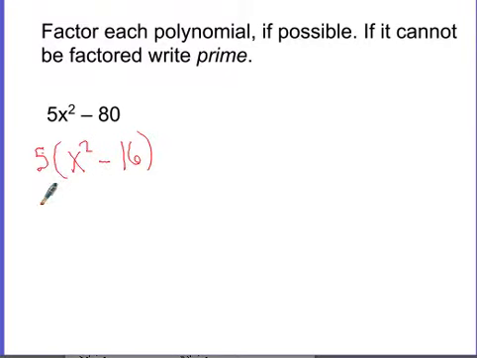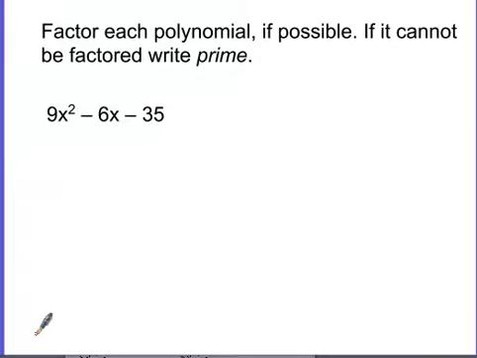So we can factor this to be x plus and x minus what? 4. x plus 4 and x minus 4. So if we factored it, we would leave the 5 there. So we factored that one.